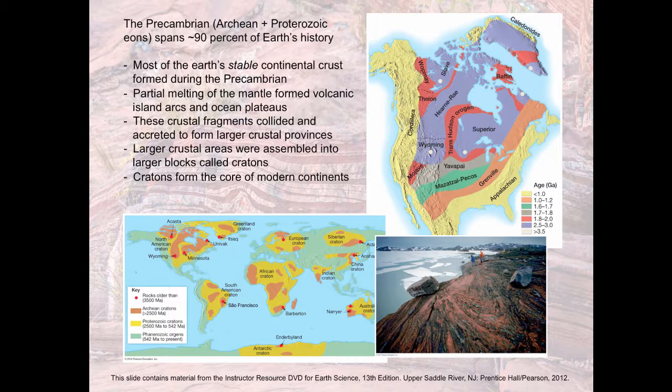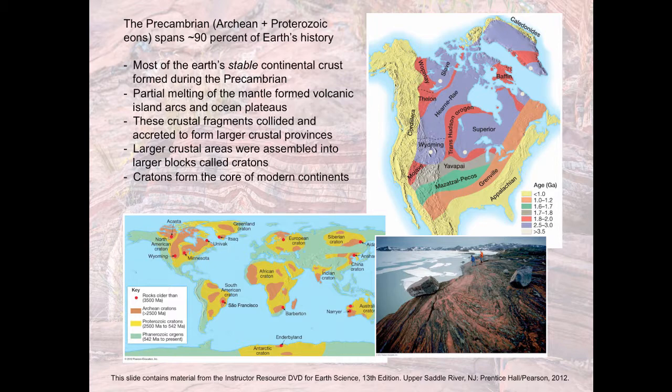Most of the Earth's stable continental crust formed during the Precambrian due to tectonic partial melting of mantle forming volcanic island arcs and ocean plateaus. Accretion of those island arcs formed larger crustal provinces, and those crustal provinces were assembled with accretion into large blocks called cratons.